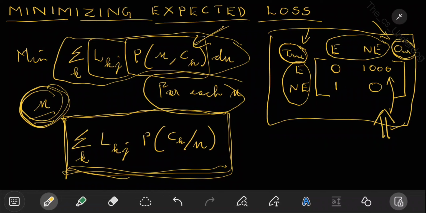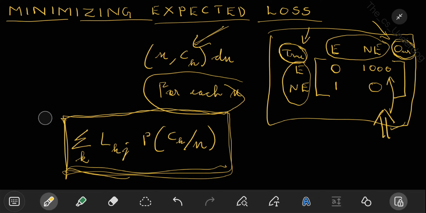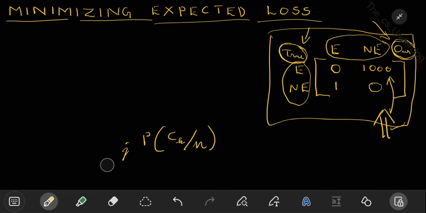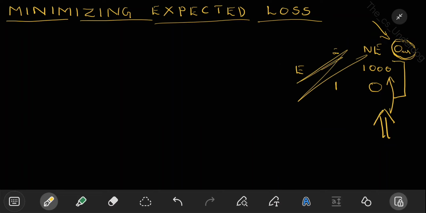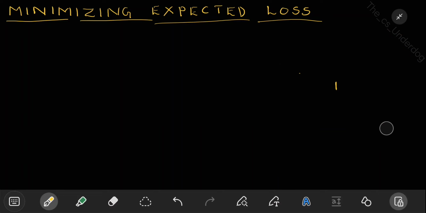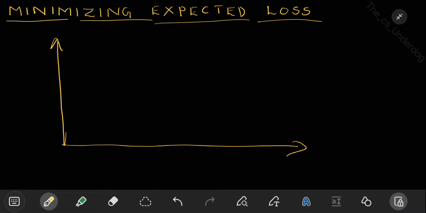Just to show you the graphical representation idea that we discussed in the last class, how will the same graph look in case of minimizing the expected loss criteria? Previously we saw a graph in the case of the minimizing misclassification rate criteria. Here, with the criteria of minimizing expected loss, the same graph will look different.